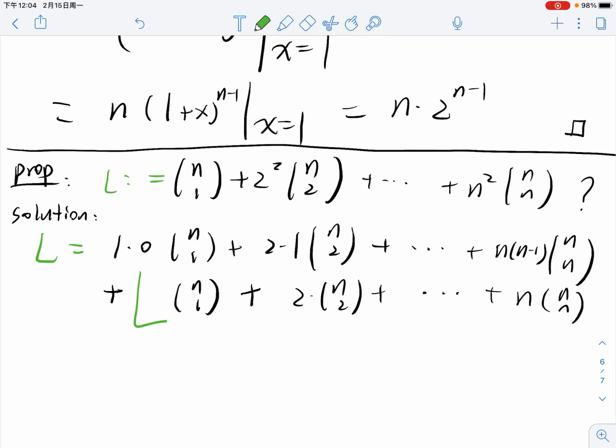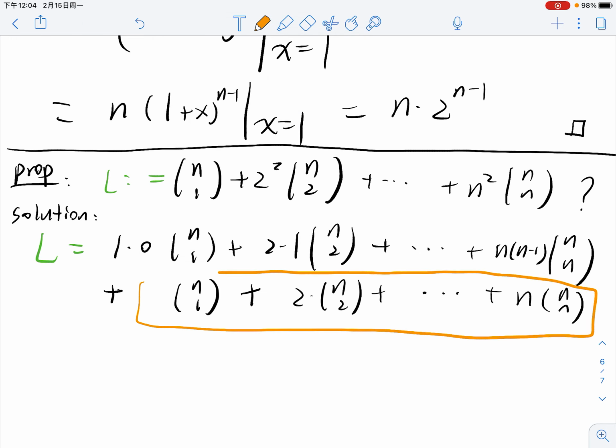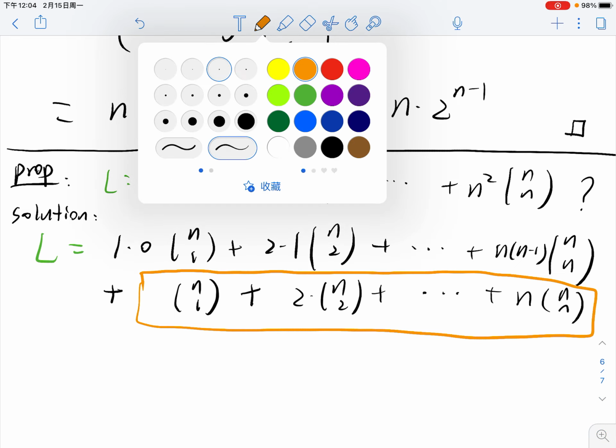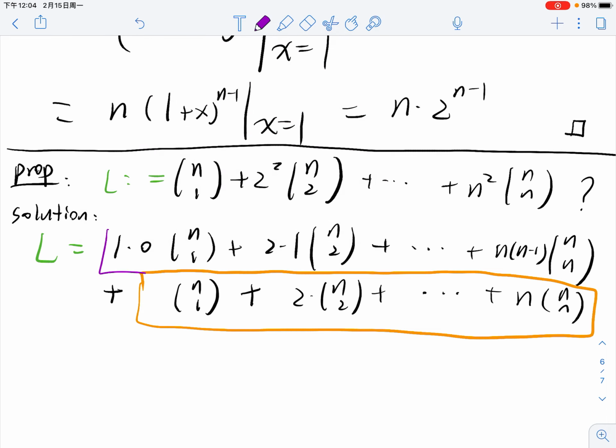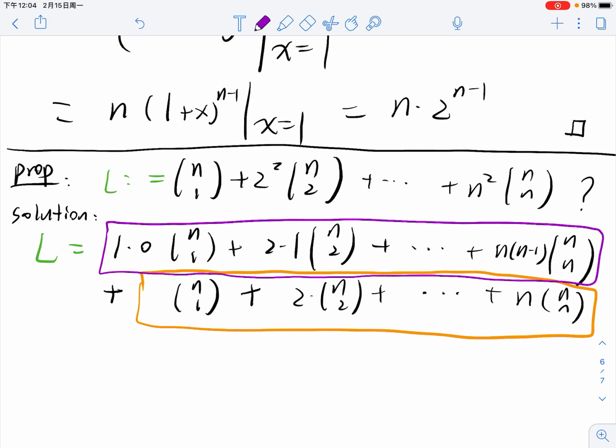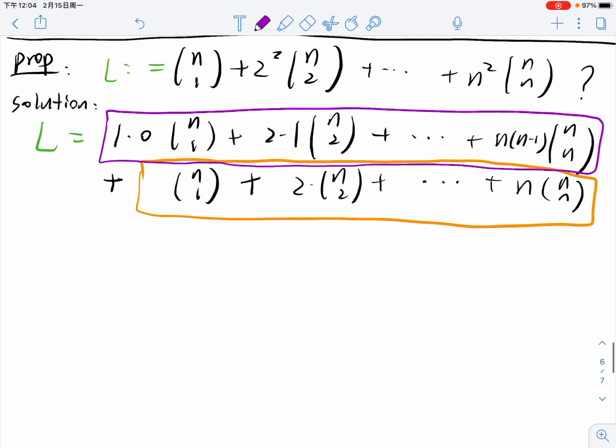The value for the summation in the second line is just proposition 1, and all we need to do is evaluate the summation of items in the first line.